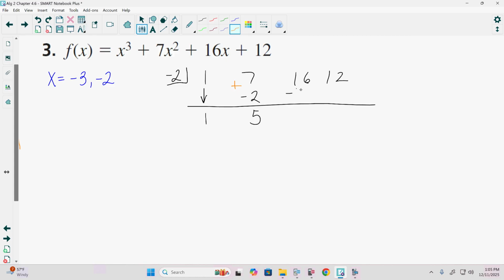Negative 2 times positive 5 is negative 10. 16 plus negative 10 is 6. Negative 2 times 6 is negative 12. And 12 plus negative 12 is 0.